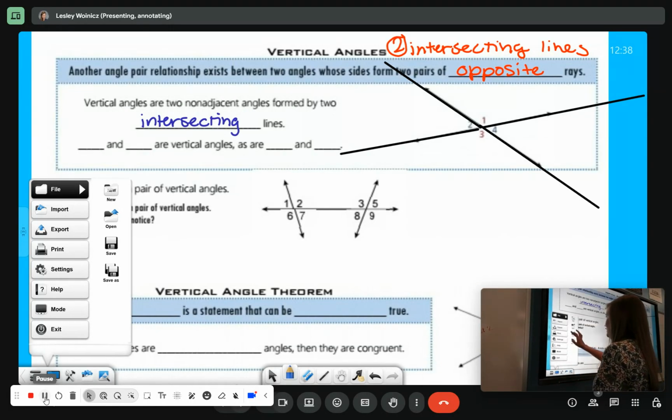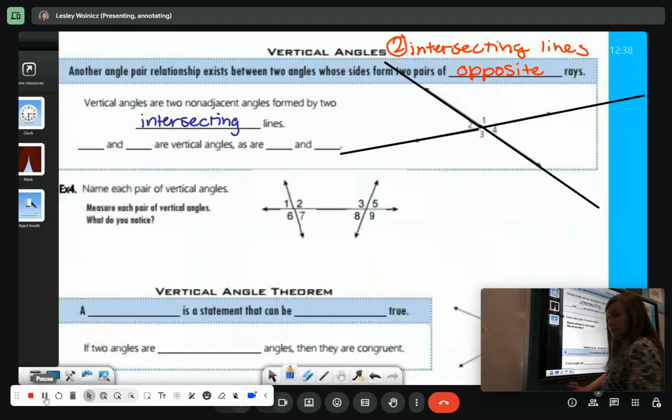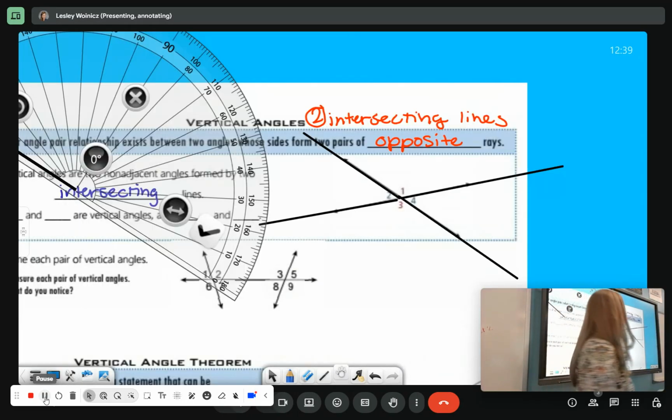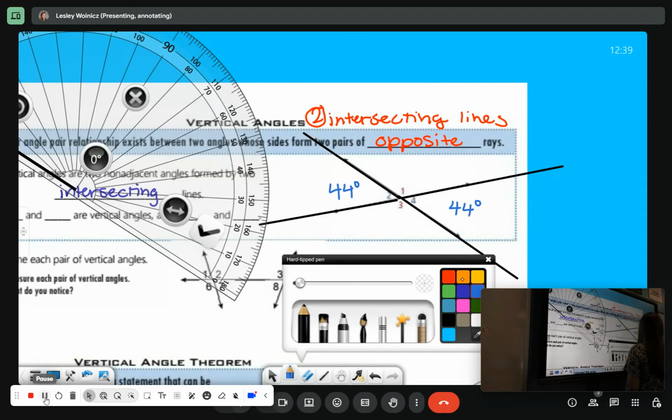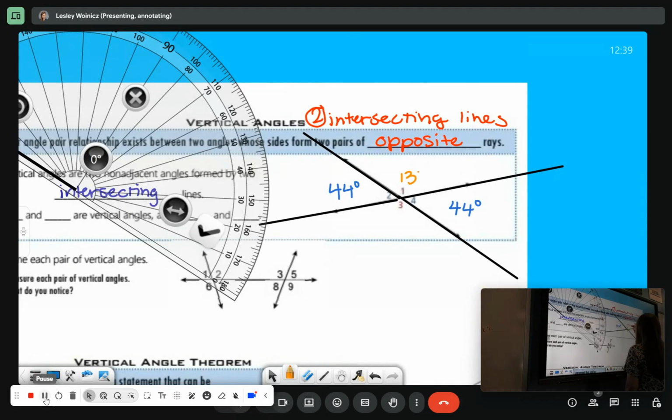No, it was more than that. Mine is 30. I agree. I'll use this one.